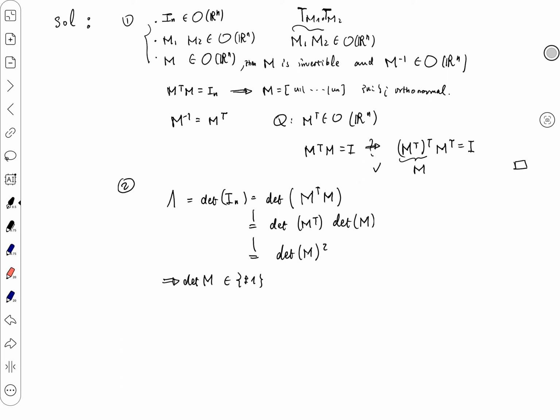And so we could check, or directly, those with determinant positive 1 will form a subgroup of all those orthonormal transformations, by definition, those with determinant equals 1.